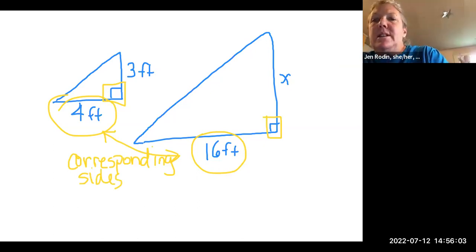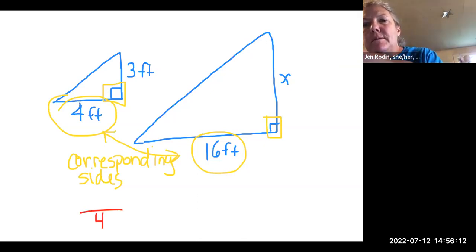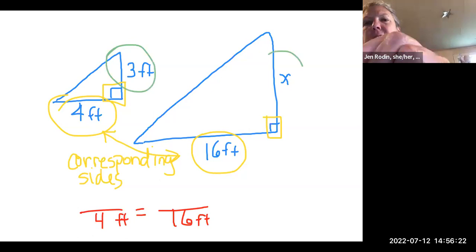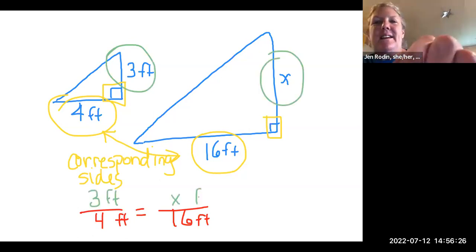So there are at least 2 ways to solve these, but let's just say we did those bottom ones, bottom to bottom, just looking at the picture, and then this is a corresponding side to the X. So we could set it up that way.